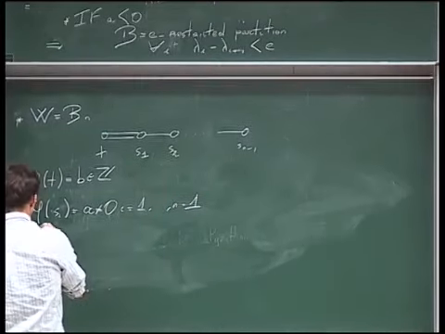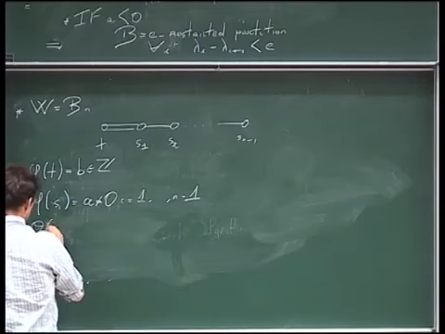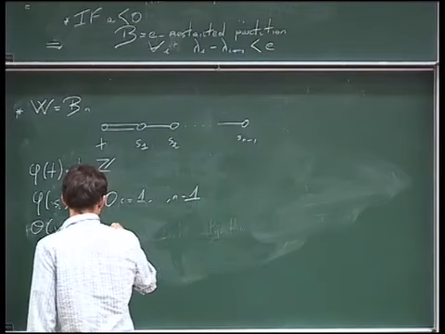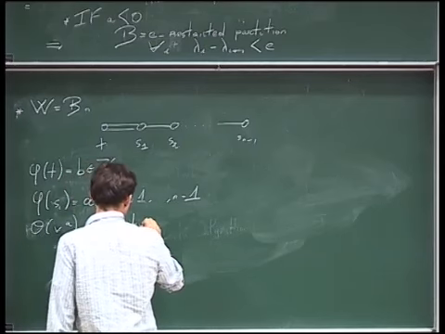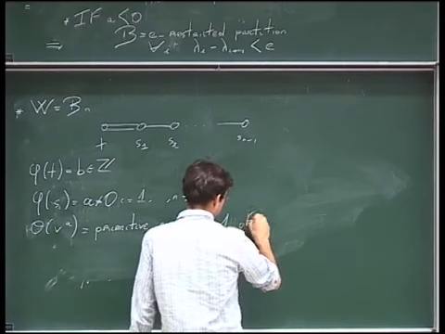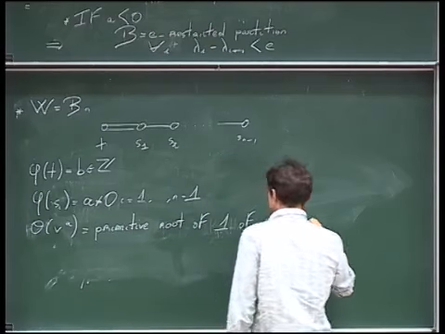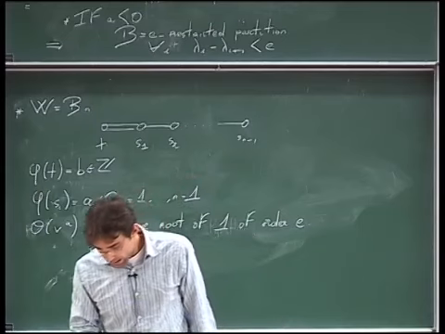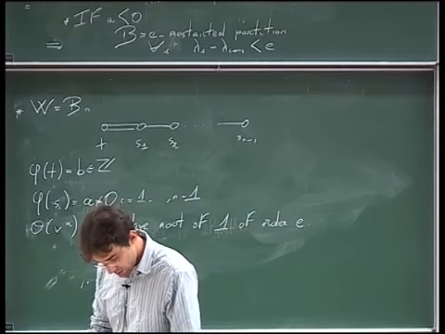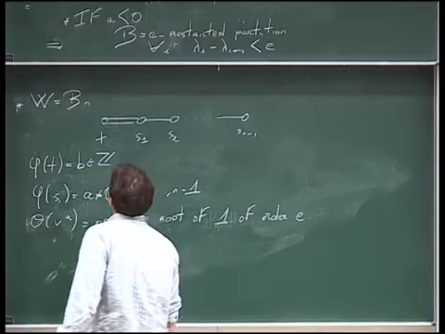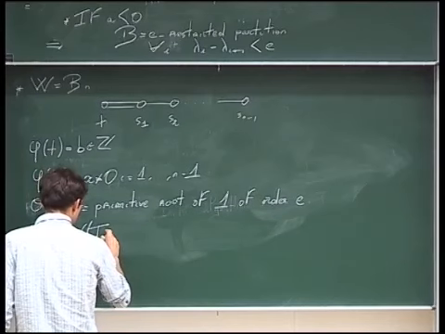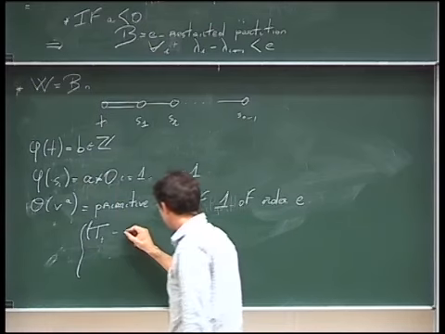We can assume that theta of V to the A is a primitive root of unity of order E. Okay, so I will just recall the relation of the Hecke algebra.